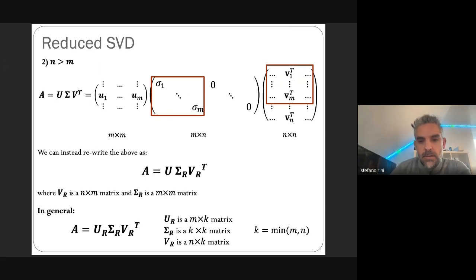So in general, you want to have a form of the following. You have A is equal to U_r Sigma_r V_r transpose, where this r indicates that the middle matrix is always kept to be a min(m, n) size.